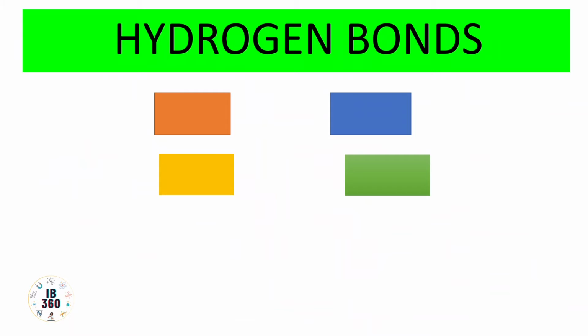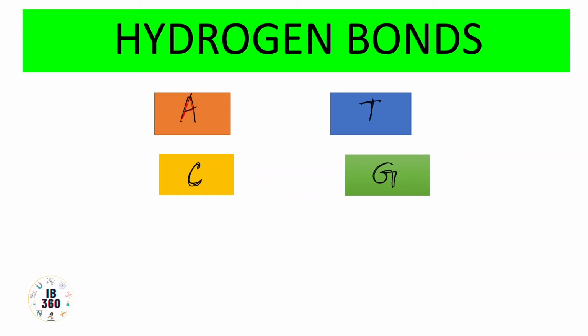Let me say this is adenine, and this is cytosine. So this will be thymine and this will be guanine. See, adenine always establishes bonds with thymine and guanine always with cytosine.